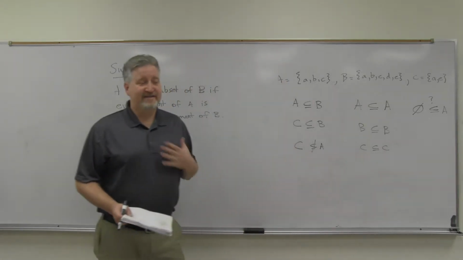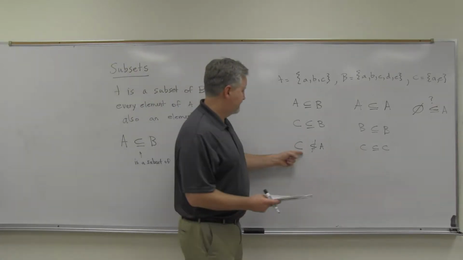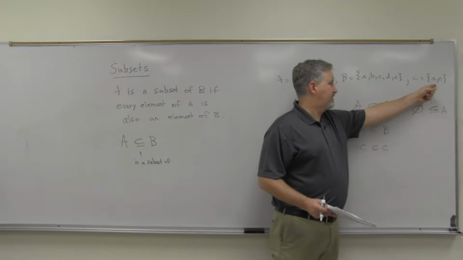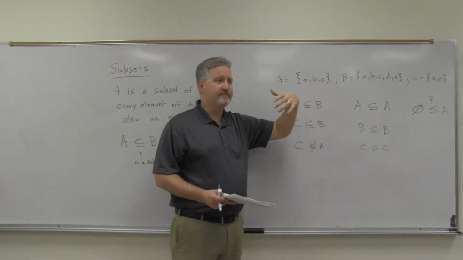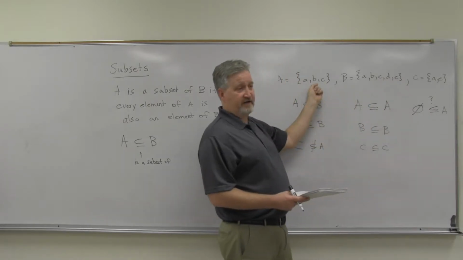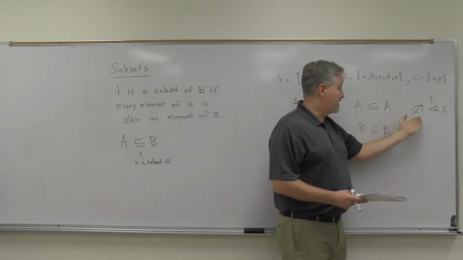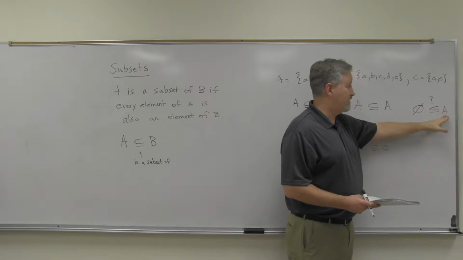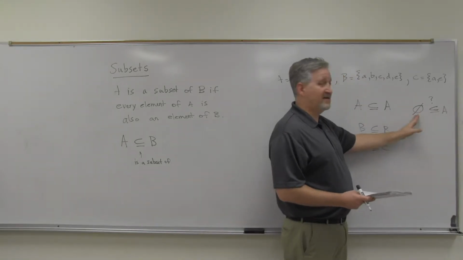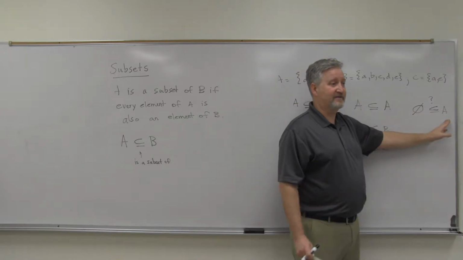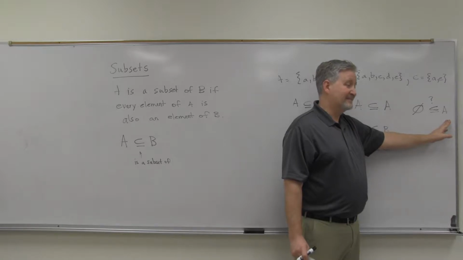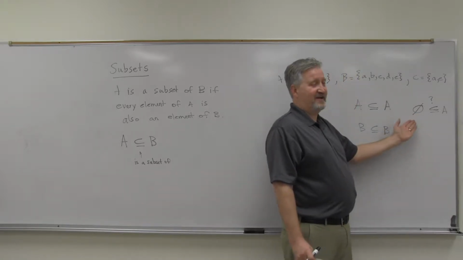Here we had C was not a subset of A because we had the element there that disqualified it, if you will, from being a subset. E knocked this out from being a subset of A. Is there any element here that's not an element over here? Is there anything that disqualifies this from being a subset of this? Well, no, there's not any elements to check really.